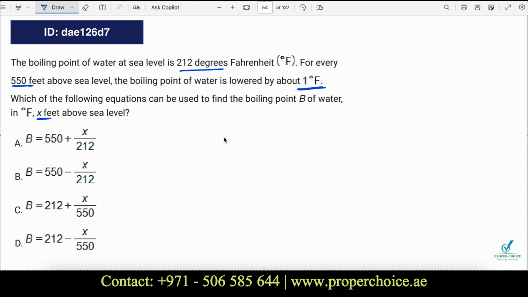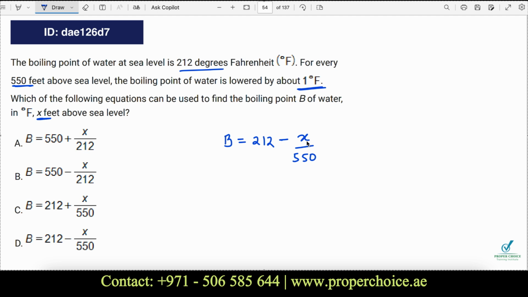So the equation we can set up is the boiling point B equals 212, which is the value at sea level, minus x divided by 550. Why? As we move x feet above sea level, x divided by 550 gives the value by which the temperature decreases.